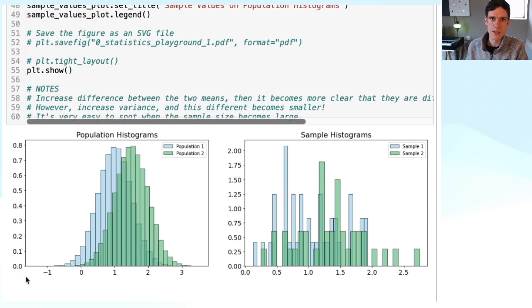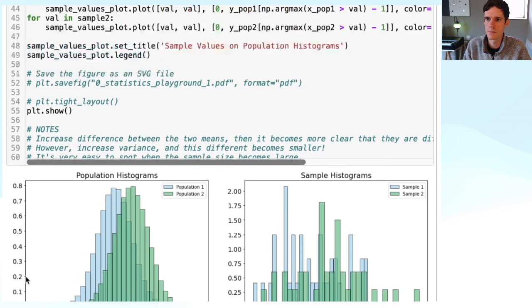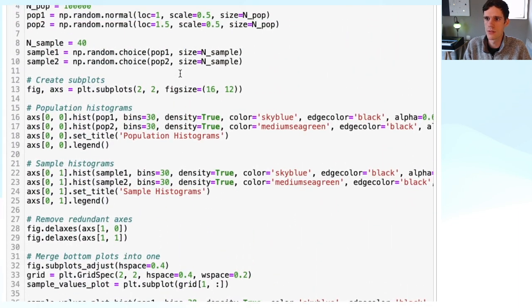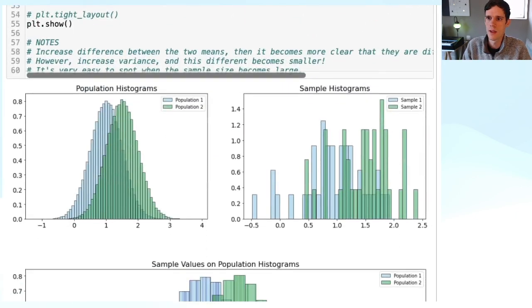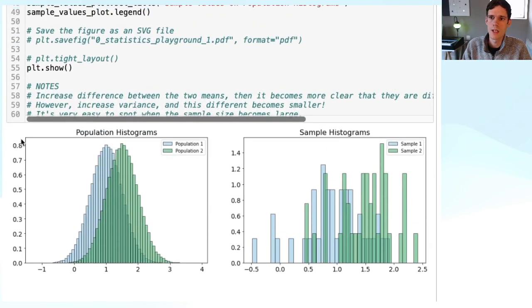So the two reasons why we would want to have this y-axis over the previous one is twofold. The first reason is that this y-axis, these numbers, don't change if we change the number of bins. If we again go to the definition of our histogram and we change the number of bins to, let's say, 60, so we double the amount of bins, we see that the y-axis didn't change at all.